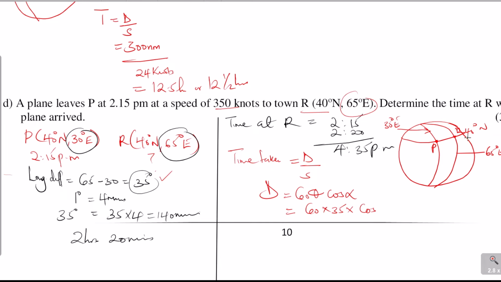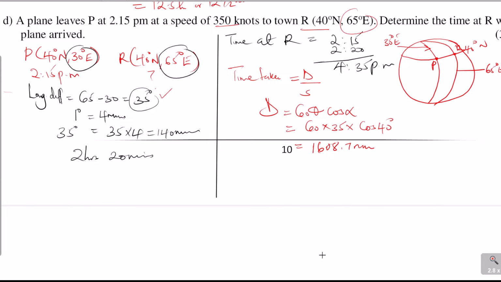They are lying on latitude 40 degrees north, so the latitude angle is 40 degrees. So this gives 60 times 35 times cosine of 40, which is 1608.7 nautical miles. So that is the distance.